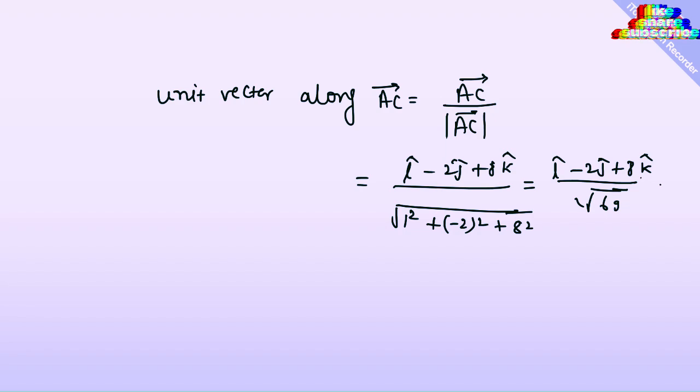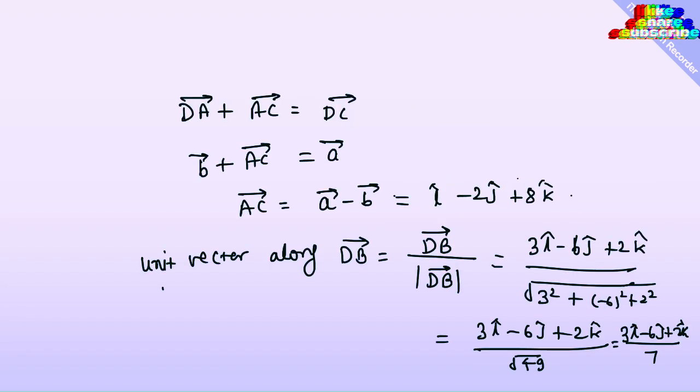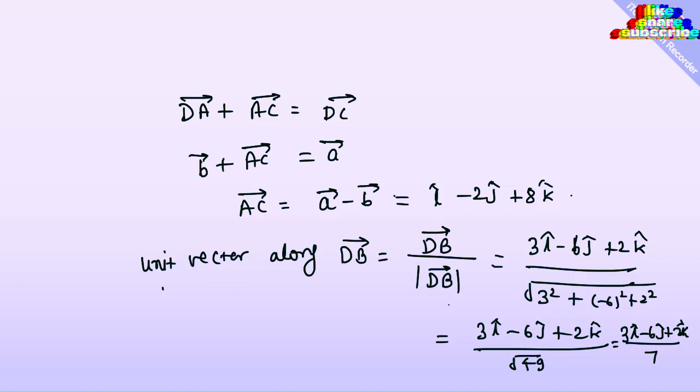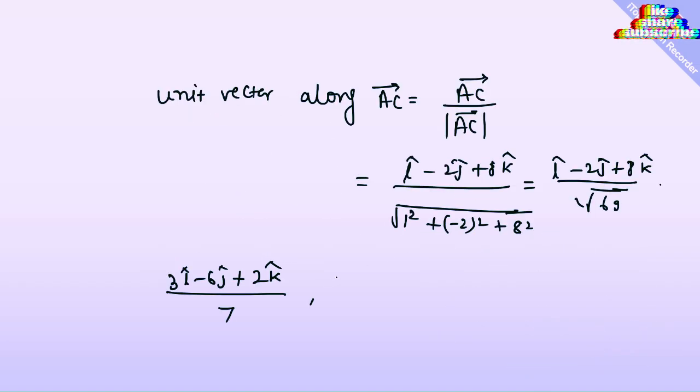So these are the required unit vectors along the diagonals of the parallelogram. The first unit vector along the diagonal is 3i cap minus 6j cap plus 2k cap over 7, and the second unit vector is i cap minus 2j cap plus 8k cap over the square root of 69.